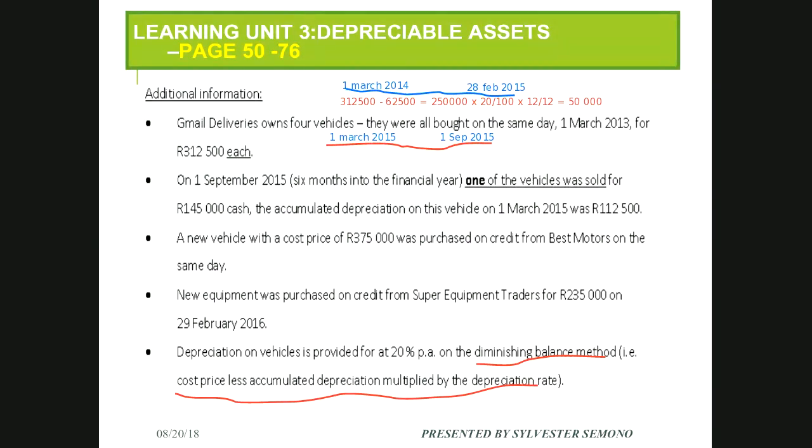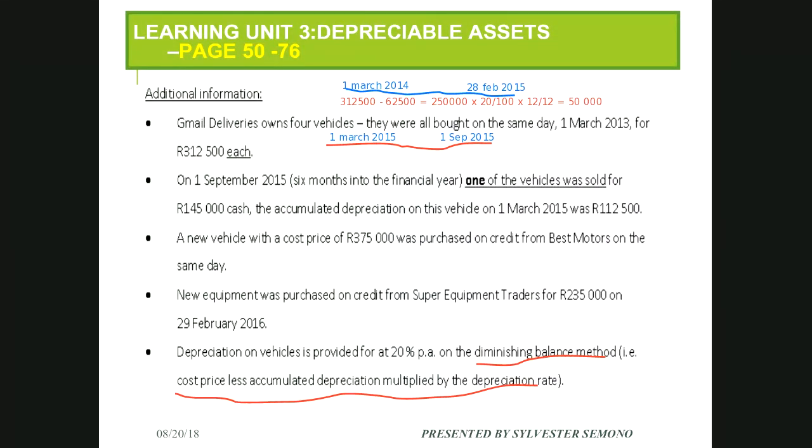Second year we lost how much? 50,000. Remember, if you add them together, you get how much? 112,500. Is it 125 or 112? Double check. 112,500. Please make sure of that. Thank you very much, Lendra.